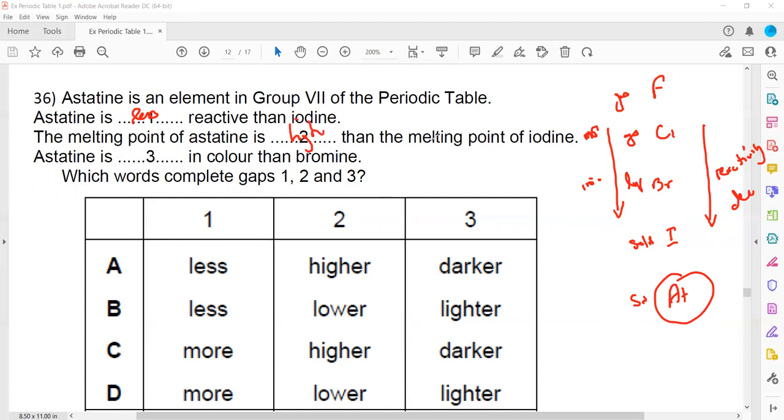And color, as we go down: fluorine is light yellow, chlorine is yellowish green, bromine is red brown, iodine is black or purple. So the color gets darker as we go down the group. So the reactivity is less, the melting point is higher, and the color is darker. So A is the right answer for this.